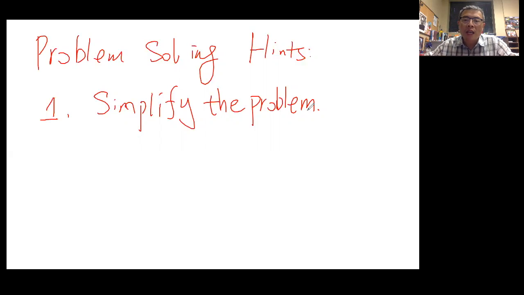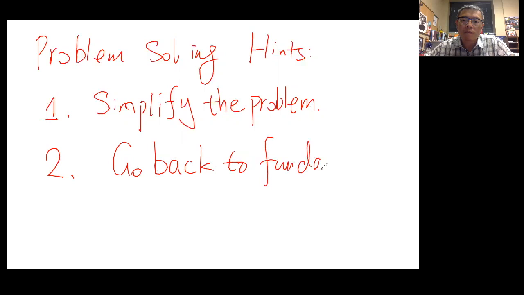Now the second trick I want to give you is this: go back to fundamentals. Let's say you want to solve a problem about a unit, and you feel like the problem is complicated and you don't know how to solve it. It always helps if you go back to step 1.